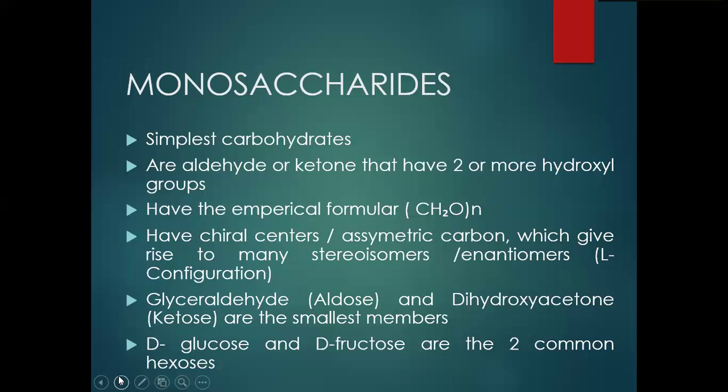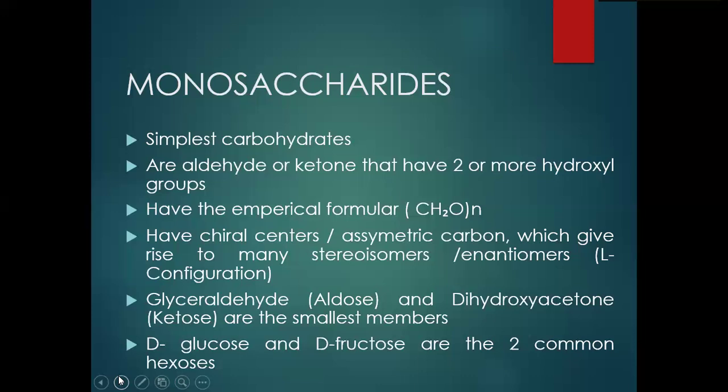Now, monosaccharides have chiral centers, which are also known as asymmetric carbons, and the presence of these asymmetric carbons gives rise to many stereoisomers or enantiomers. And so you can see a monosaccharide occurring either in the L configuration or the D configuration.